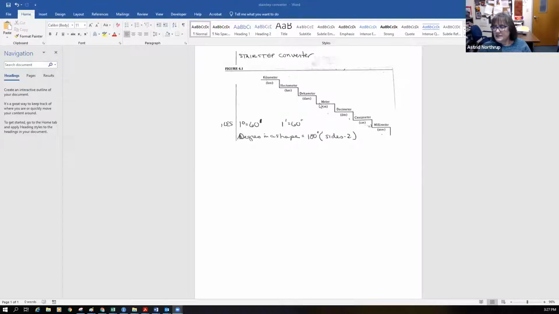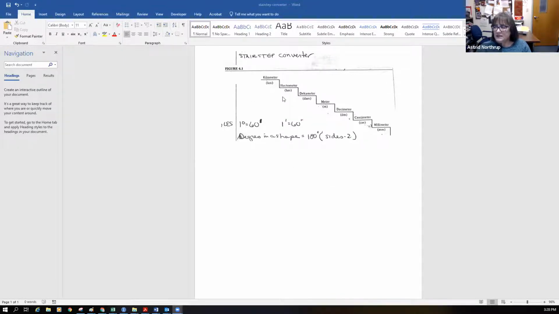So if you have, let's just say 1 meter to make it simple, 1 meter will be 10 decimeters, will be 100 centimeters, will be 1,000 millimeters. 1 meter will be 0.1 decameters, 0.01 hectometers, and 0.001 kilometers.